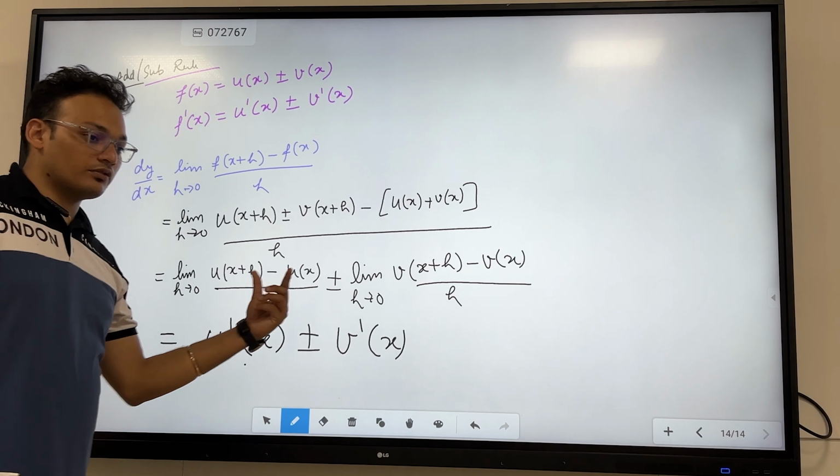Let's say we have y is equal to 6x raised to the power 4 minus x cubed.